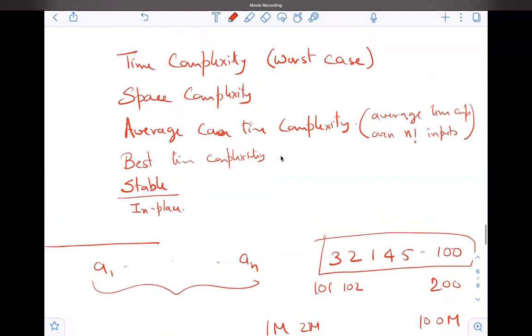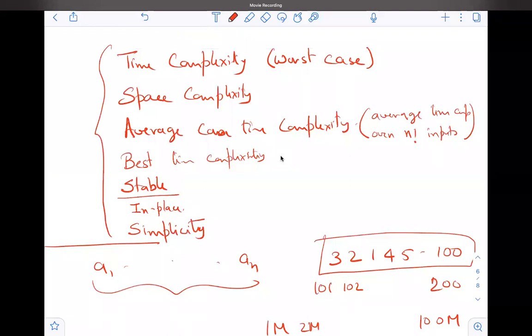Then there are other properties also, including simple things like how simple the algorithm is. If some algorithm is very complicated, then maybe people are not that interested in running it.